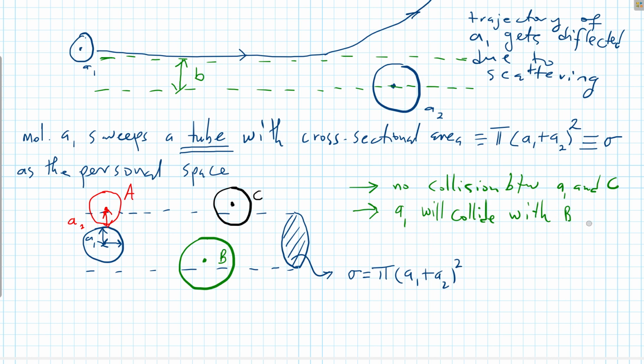There's going to be some sort of overlap, some sort of collision. So that's the meaning of the collisional cross-section. One can consider sigma to be pi times (A1 plus A2) squared. The reason just explained, I hope it makes sense to you.